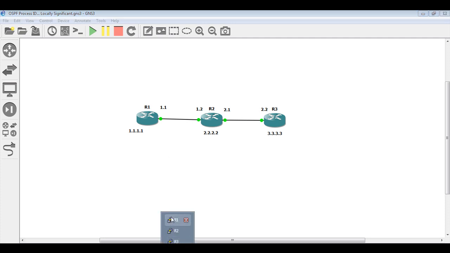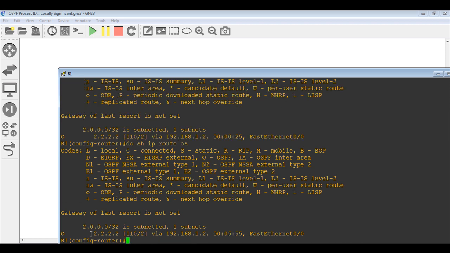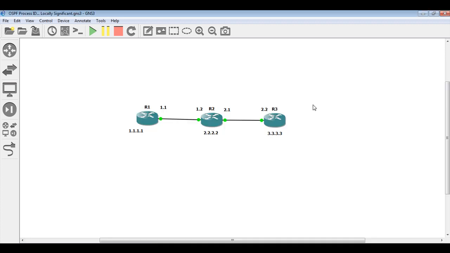Also on router 1, if we check using show ip route ospf, we see that it has the loopback of router 2, but it does not have the network 2.0 or the loopback of router 3, because as we said, it is like configuring two different routing protocols on router 2, and any information on this routing protocol will not move to the other routing protocol and vice versa.